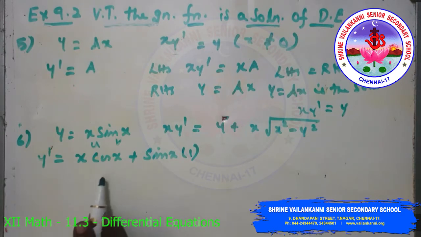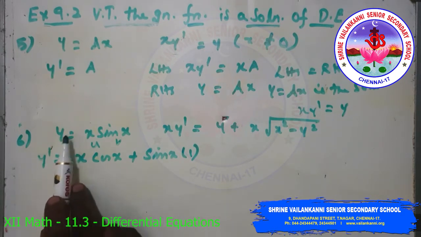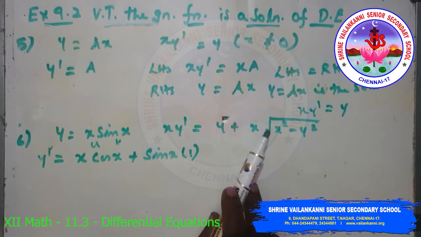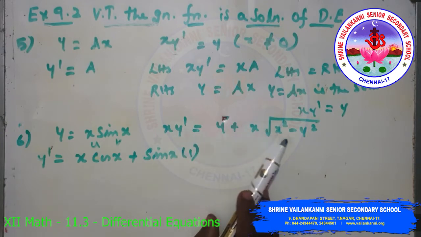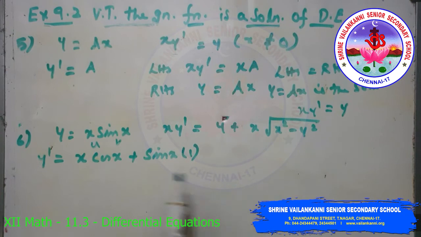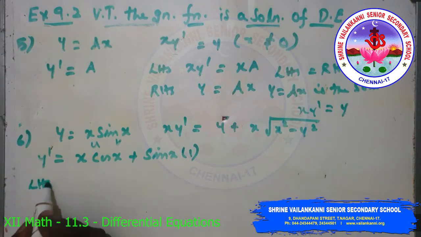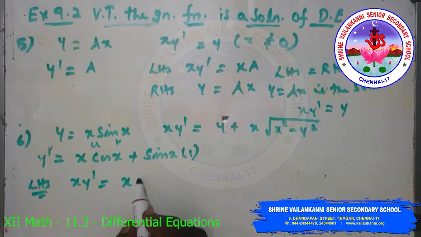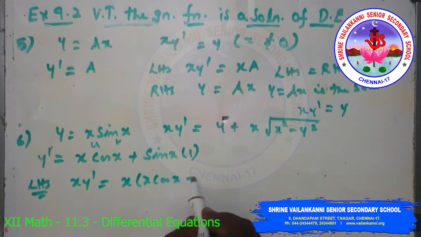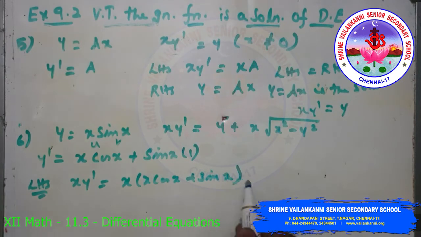Putting the value of y dash and y in the given differential equation. Here we have xy dash equal to y plus x into root of x square minus y square. So LHS is x into y dash, that is x into (x cos x plus sin x), which is equal to multiplying x into these terms.